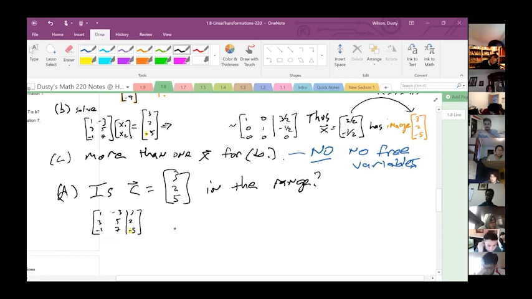The only difference is now you have a +5 here. And I don't remember who it was, somebody was working on this earlier, Ahmed was working on this. This row reduced to the identity matrix.